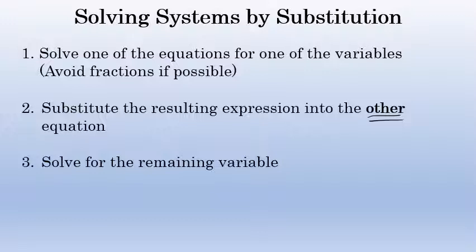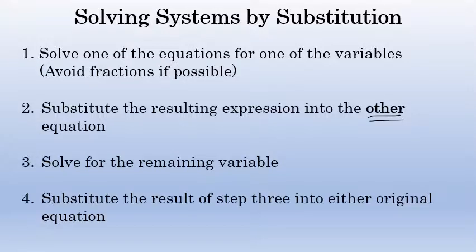Once you have that one value, just like you did in the elimination method, step 4 is to substitute that value into either original equation, and you'll be able to solve for the other value in the ordered pair that represents the solution to the system. Next, we'll complete an example using this substitution method, and hopefully these 4 steps will become clearer. Let's do that now.